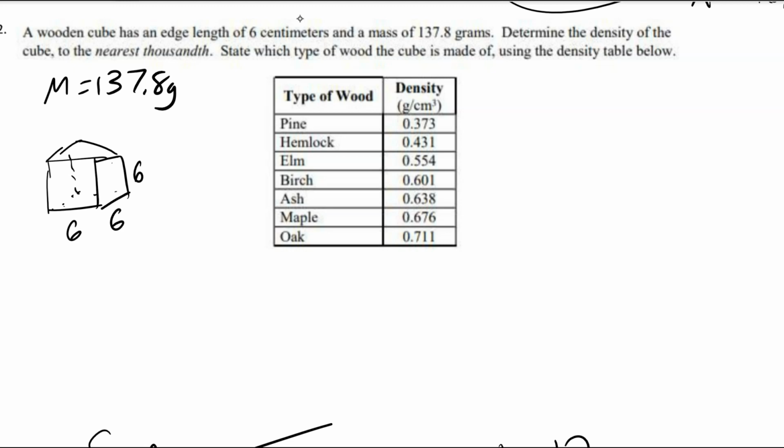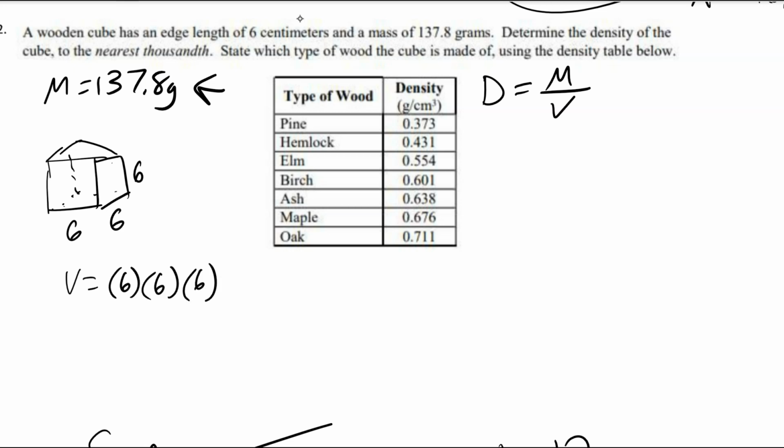Determine the density of the cube to the nearest thousandth. Well, like we just talked about, one way to find density is to divide the mass by the volume. I was given the mass, but I don't necessarily know the volume yet. So since this is a prism, I can just multiply length times width times height to find that my volume is 216 centimeters cubed.